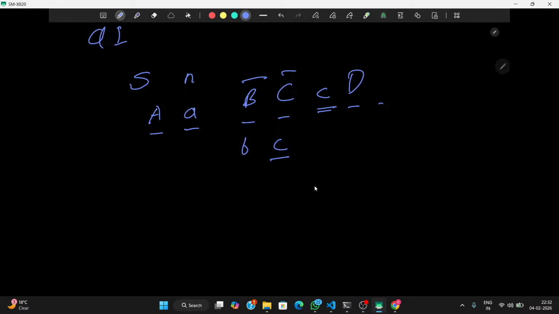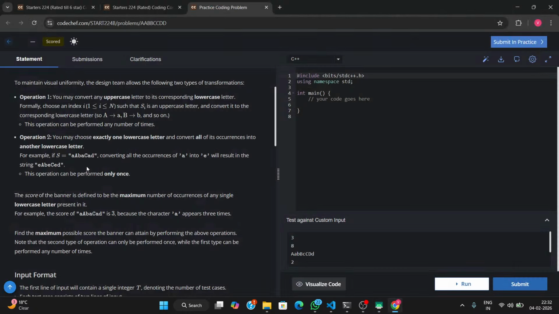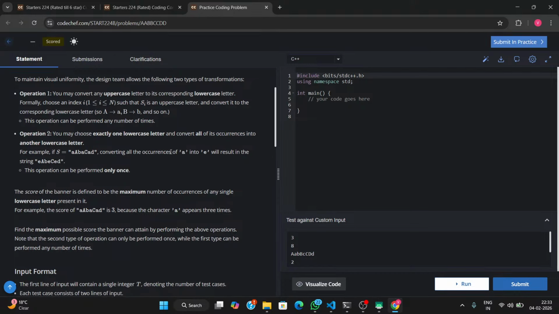For example, we convert it to D. So it will be A, capital B, three small d, and then small d, capital D. I hope the operations are clear. The second operation we can perform only once.